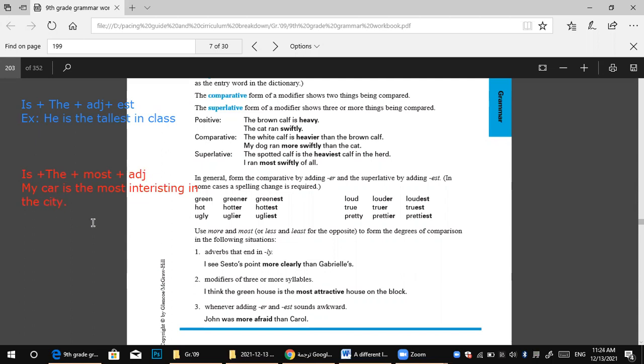He means my car is the most important or the most beautiful car in the city. He means the superlative because he didn't compare between two things. He just mentioned that his car is the best in the city.